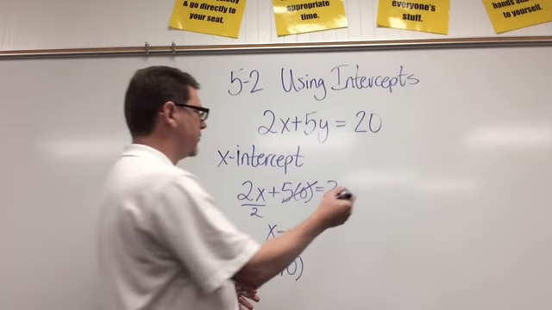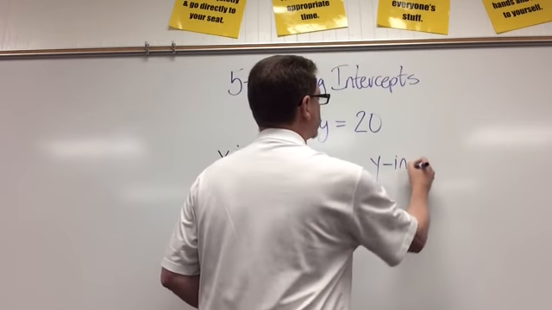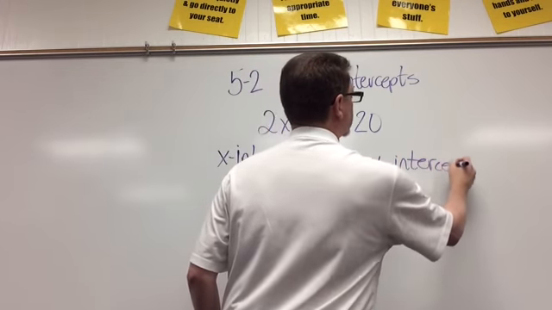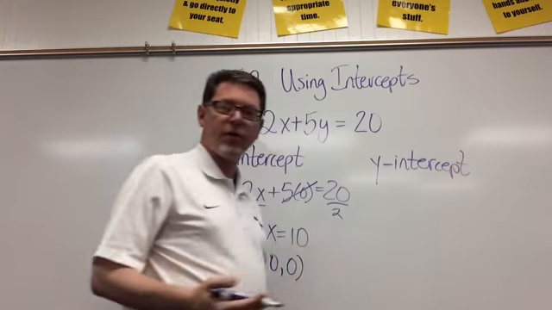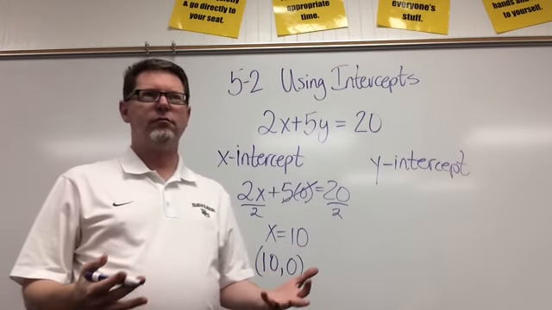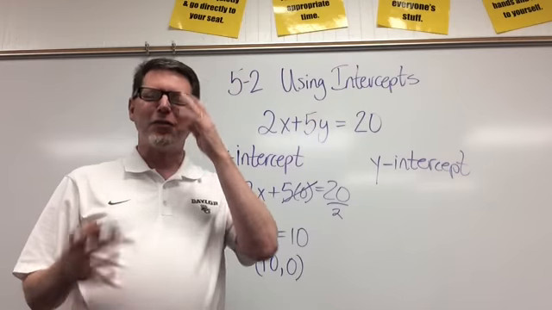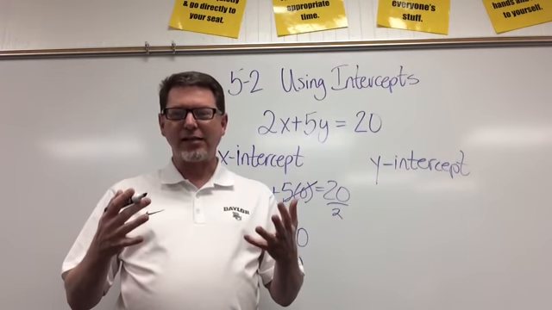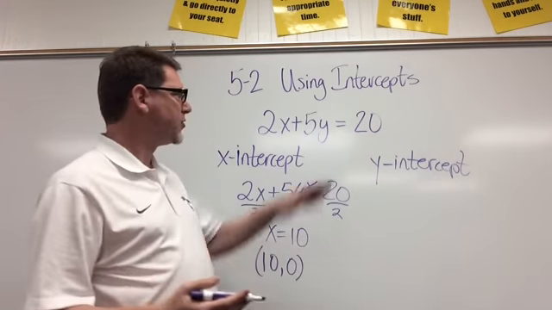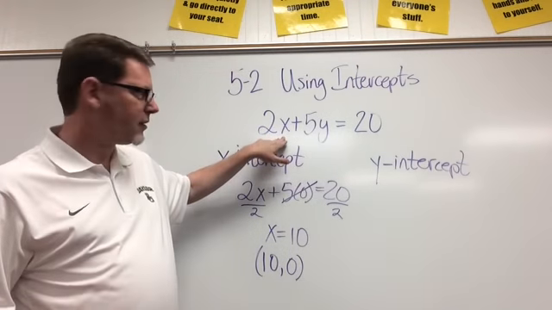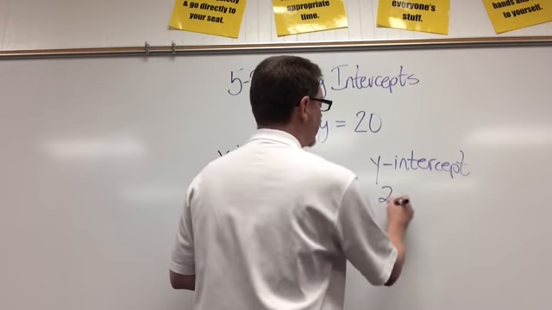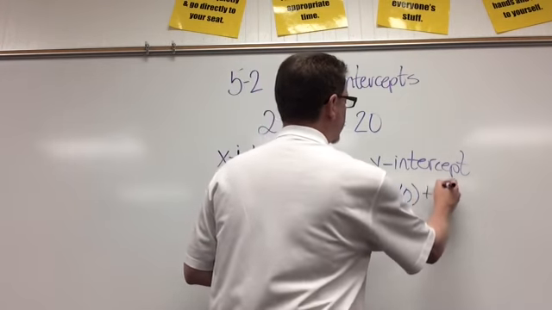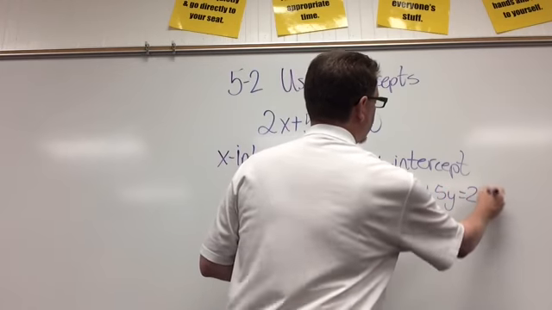So let's do the same thing for the y-intercept. We remember from yesterday, or from just a minute ago, that the y-intercept has an x value of 0. So I'm going to plug in 0 for x to find my y-intercept. So 2 times 0 plus 5y equals 20.